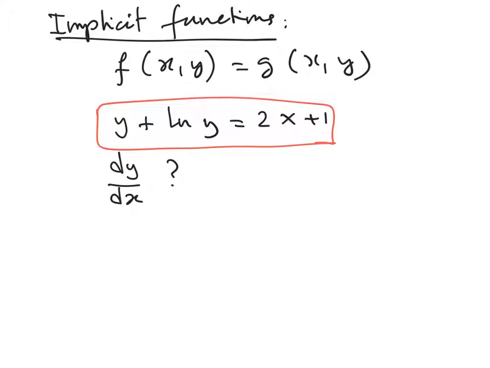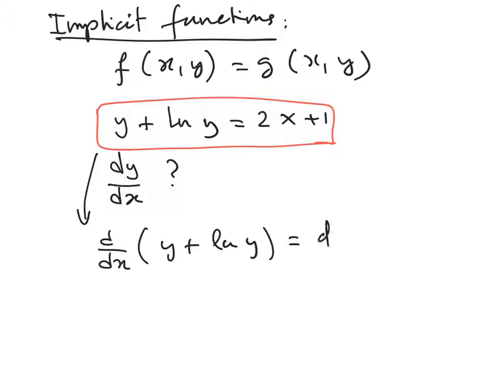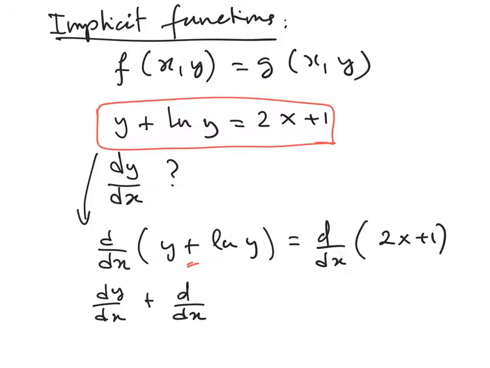We start by saying that the derivative of the left side equals the derivative of the right side. This is a sum of two functions, so the derivative will be equal to the sum dy over dx plus d over dx of ln y.